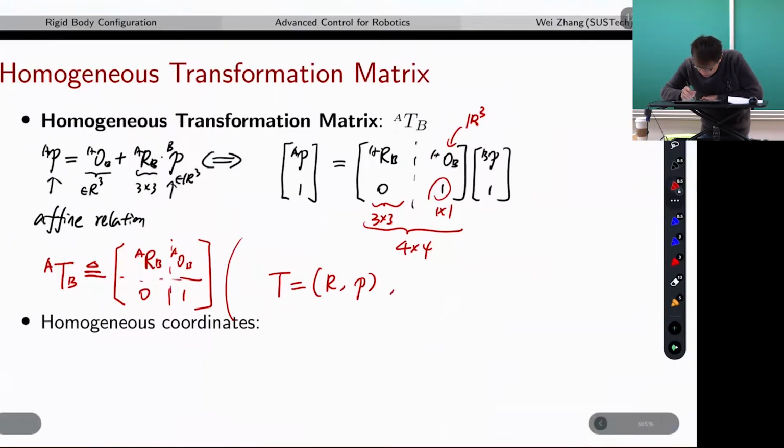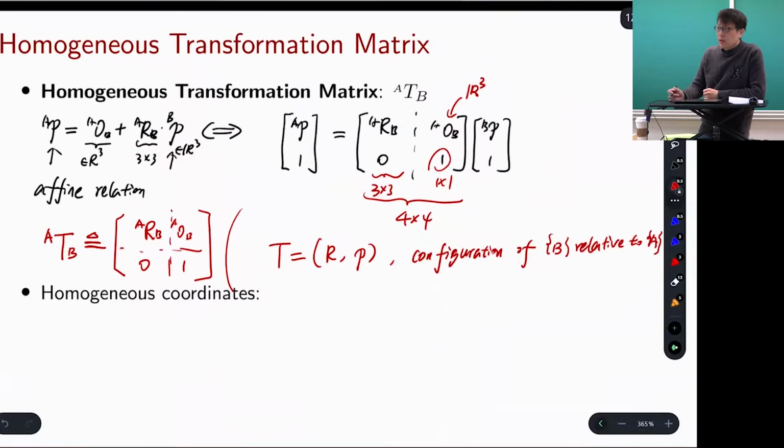We call this the configuration of B relative to A. Configuration needs orientation and also the displacement of frame B origin with respect to the frame A origin.